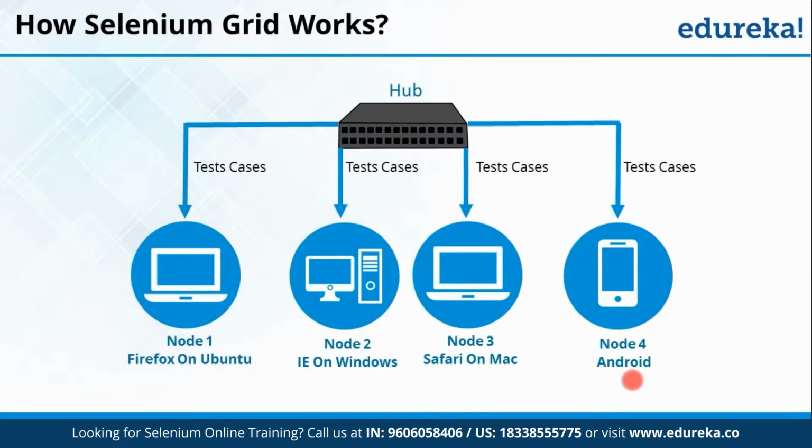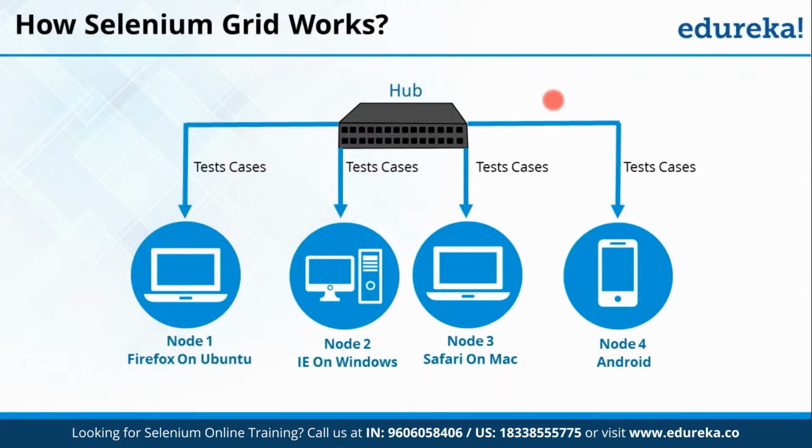You cannot test mobile applications using Selenium. Now you can see that this line shows that test cases are written here. That means the entire scripting will be done at this end, and the execution will happen on these nodes. That's the reason we've specified browsers here, because execution happens on a browser, right?